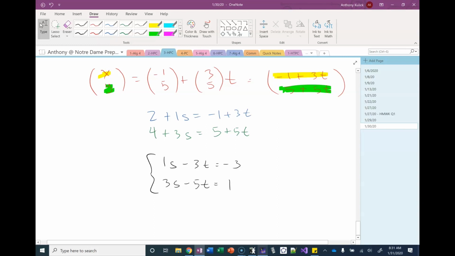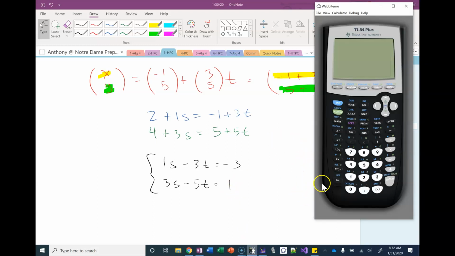What are we going to use on our calculator? A matrix. Good. So let's review how to do that. I'm going to open up my matrix menu. I'm going to go to the Edit tab.